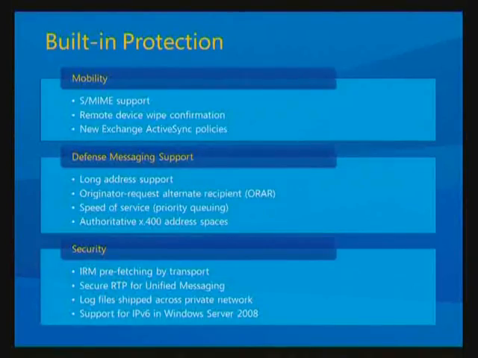And then also, as Jason showed you, the remote device wipe confirmation is new with Service Pack 1. So I am comfortable in knowing that my device has been wiped. I can sleep soundly. And then we saw some of the ActiveSync policies. With some of the new security components, we're supporting Windows Server 2008 with Exchange Server 2007 Service Pack 1, and with that we get support for IPv6.